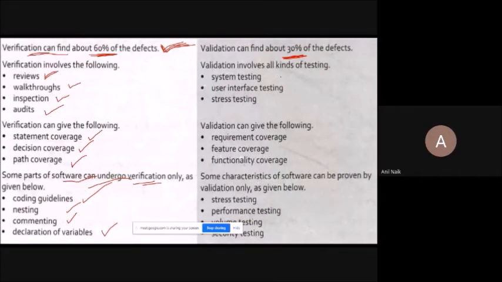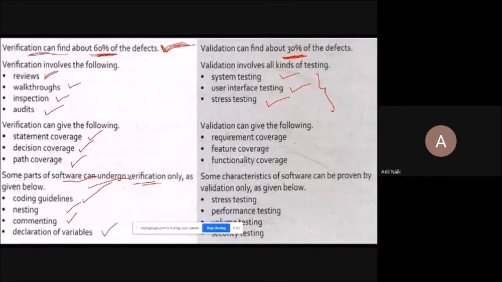Validation involves all kinds of testing: system testing, user interface testing, stress testing. These are the types of testing we use to validate the final product, and we will discuss these levels of testing in detail.